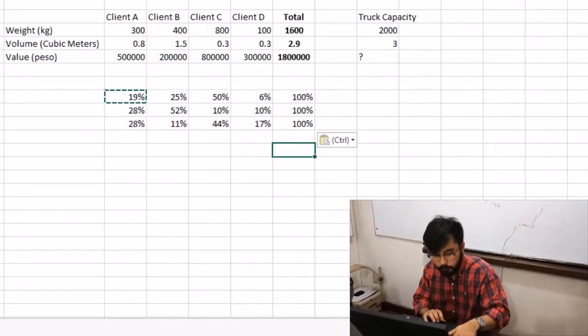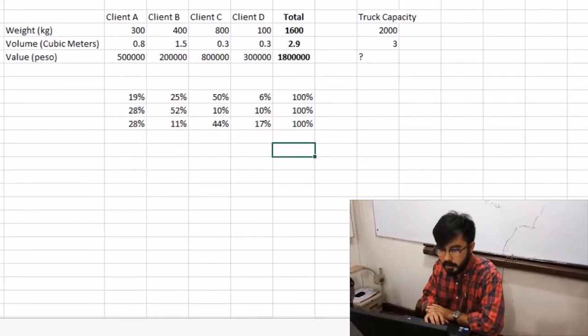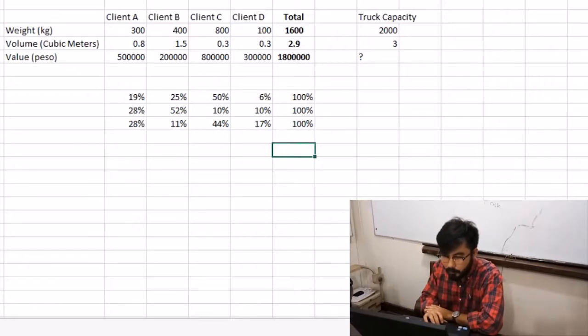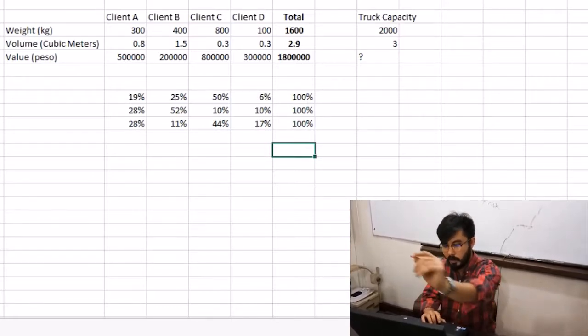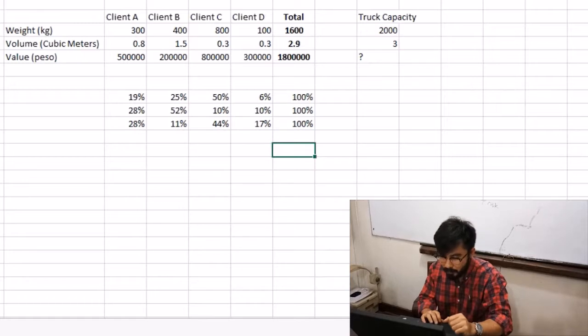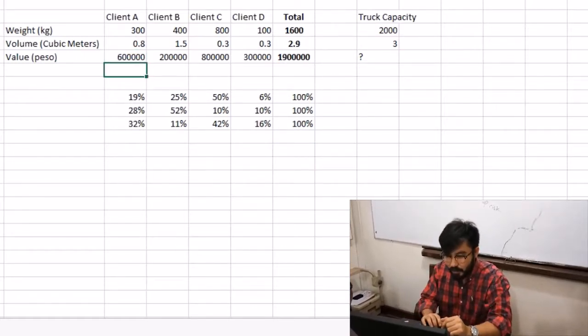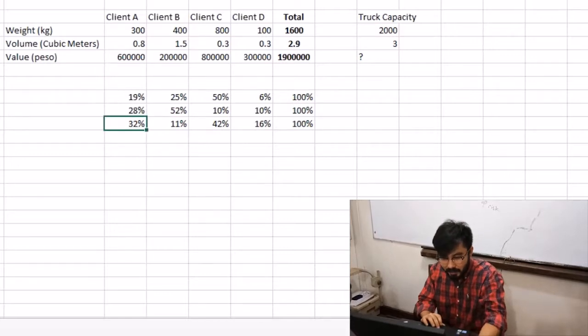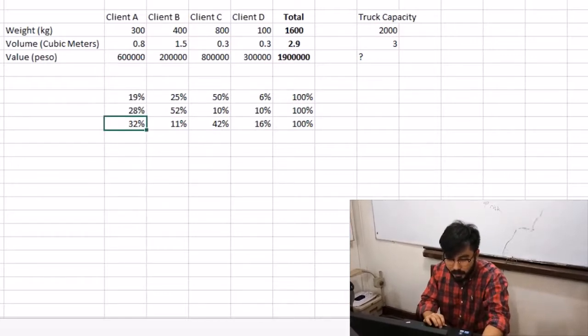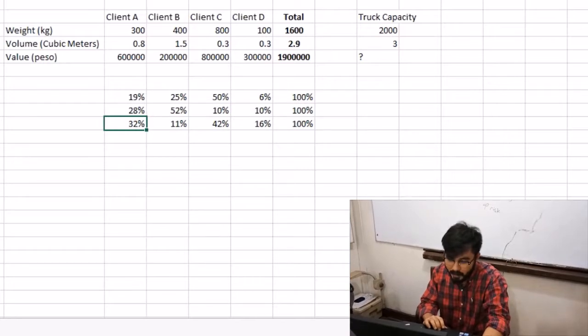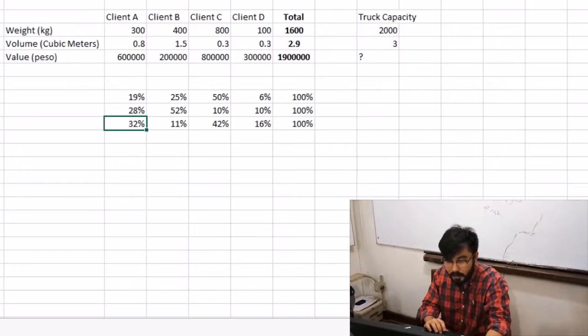Here we can see, for example, for each client, what is the most used resource? For client A, the highest percentage of any resource share for him is 32%.